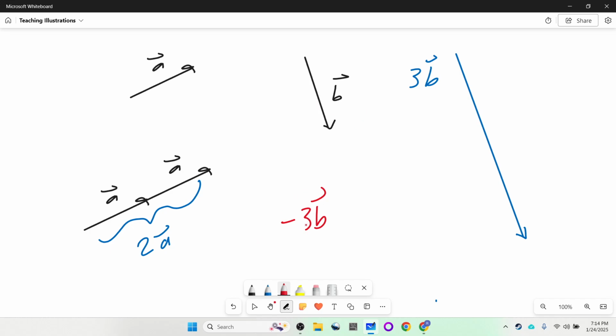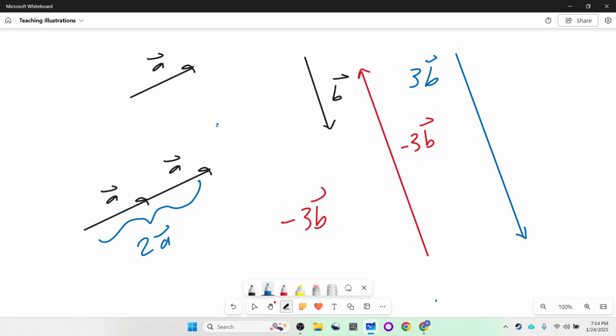Well, if we multiply by a negative, that actually reverses the direction. And so it would end up like this. Negative 3B. So scalars are allowed to be negative. Multiplying by negative 1 simply changes the direction of your vector. It flips it 180 degrees.